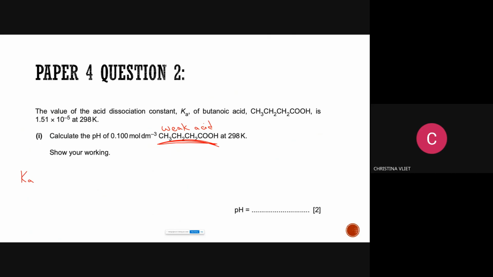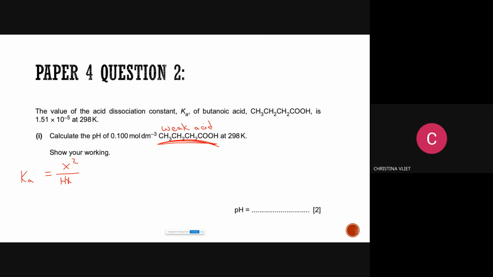Do we have to write the equilibrium balance? No, we could just do this. You don't have to write the equilibrium balance if you know what to do. The equilibrium helps understand why this is what we do.